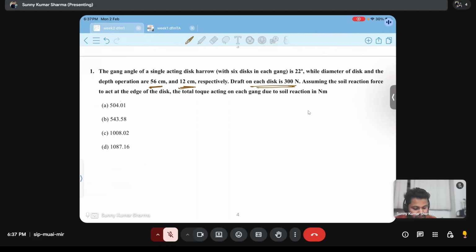Assuming the soil reaction force to act at the edge of disc, find the total torque acting on each gang due to soil reaction, in Newton meter. Basically, you need to find the torsion moment.